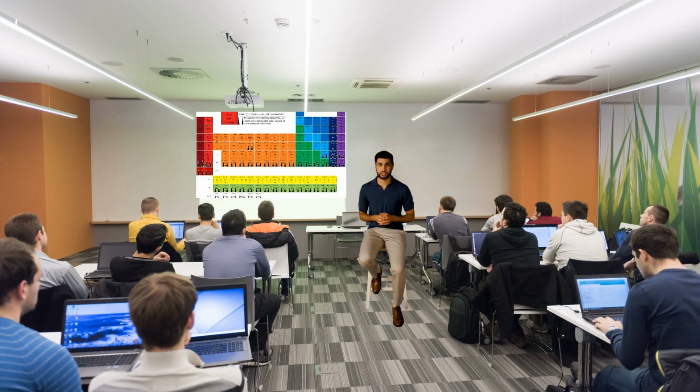As new elements were discovered, refinements were made. The modern periodic table is arranged by increasing atomic number rather than atomic mass. This change was introduced after the discovery of the proton and the understanding that atomic number, not mass, determines an element's identity.